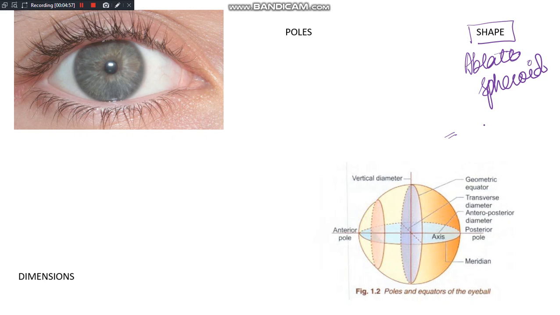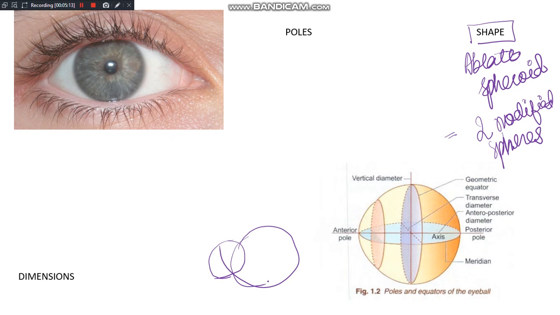Because it is made up of two modified spheres. So it is not naturally a sphere, but it is an oblate spheroid. Because you see, this one is your cornea, and posteriorly is your sclera, and this is somewhat the structure of the eyeball. If you compare it with this, ignore my drawing though. So this is the shape of the eyeball.